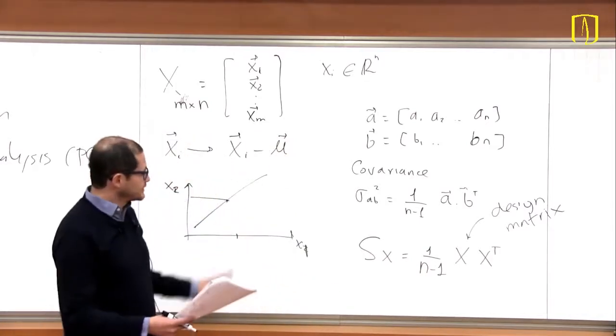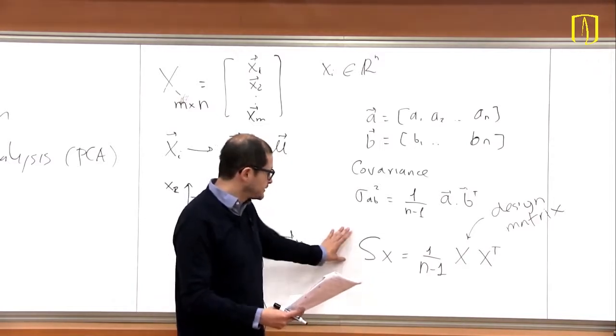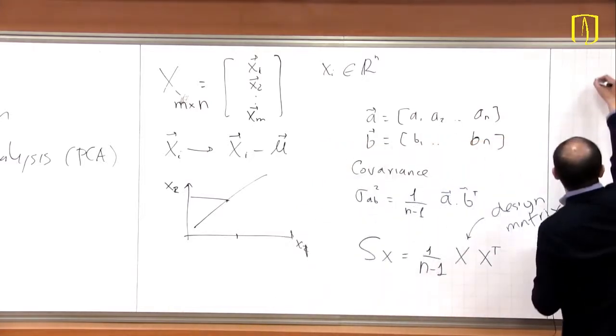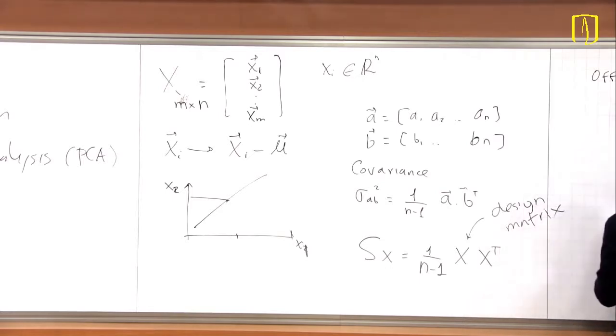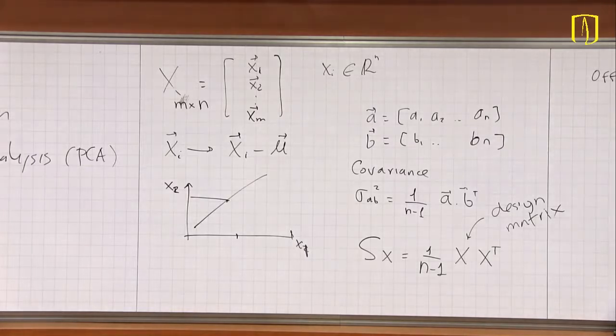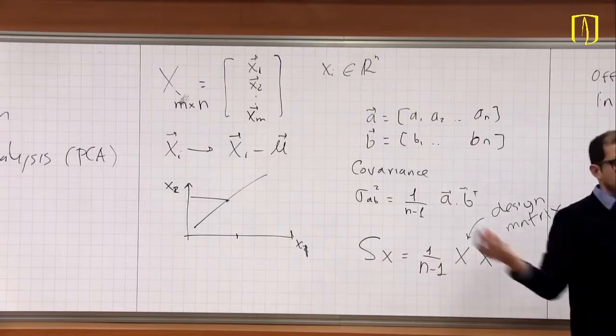Let me tell you first, before going into how we do this, two or three properties about this matrix. First, the off-diagonal elements quantify correlations in the data between the different components in the vectors x.